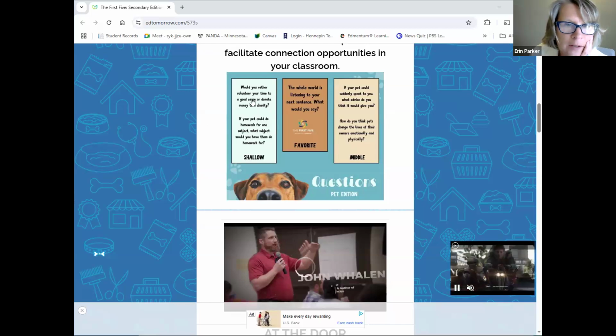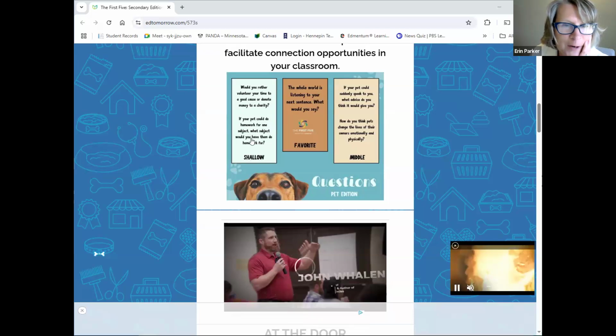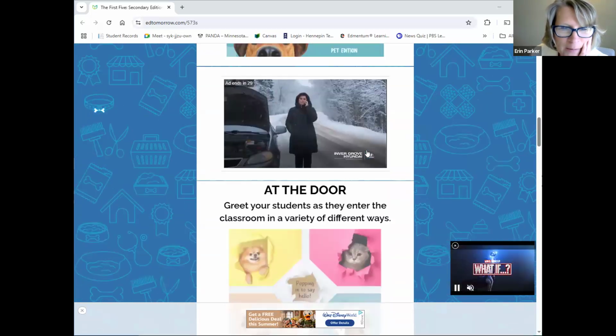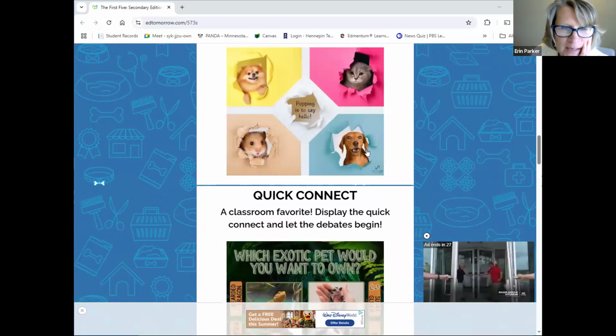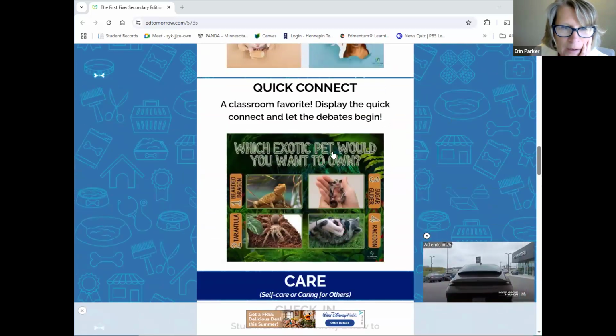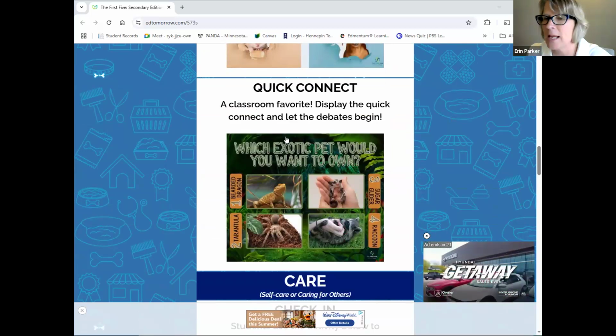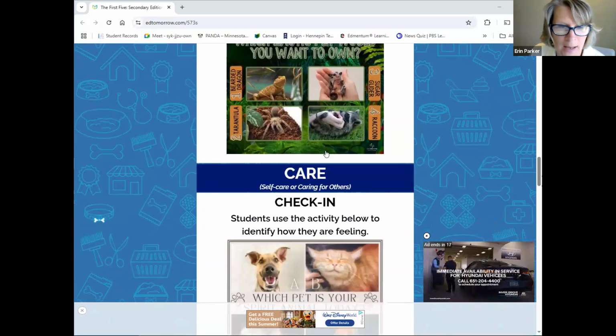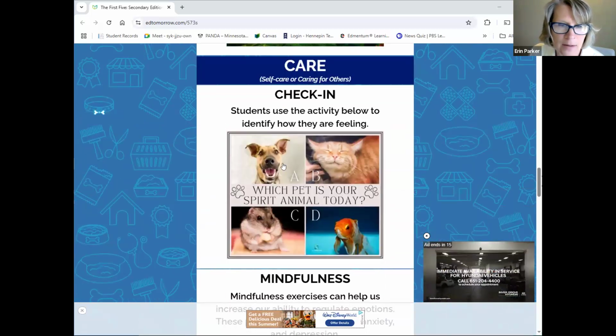So, edtomorrow.com. Would you rather volunteer your time to a good cause or donate money? If your pet could do homework for one subject, what subject would you have them do homework for? This is great. I love the idea of having these questions, with new ones each day, that get students thinking and writing.